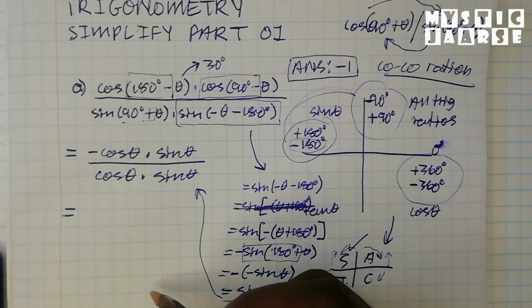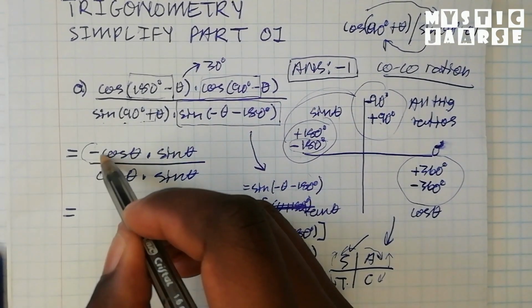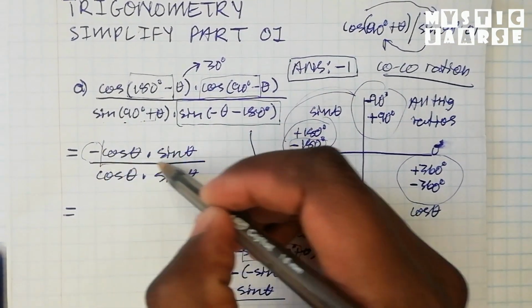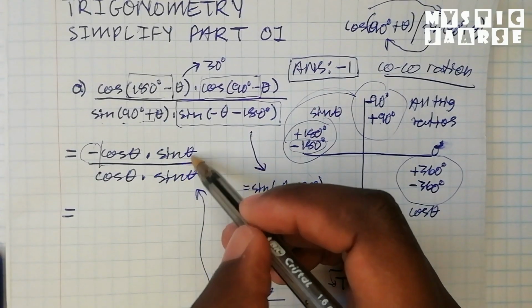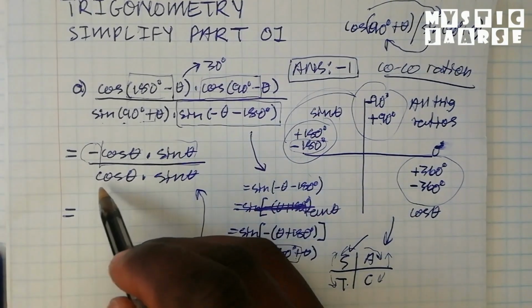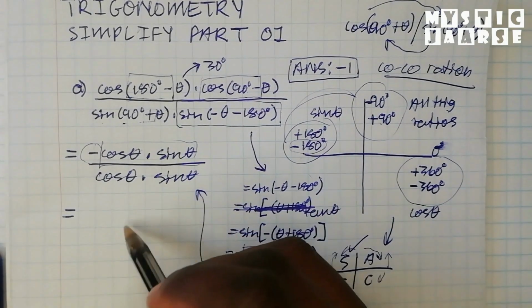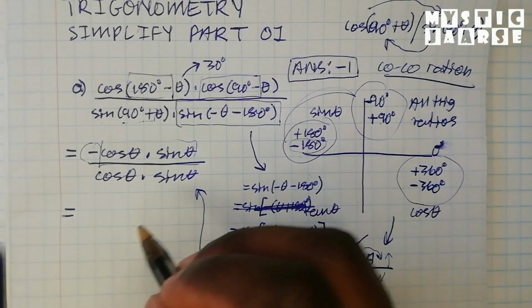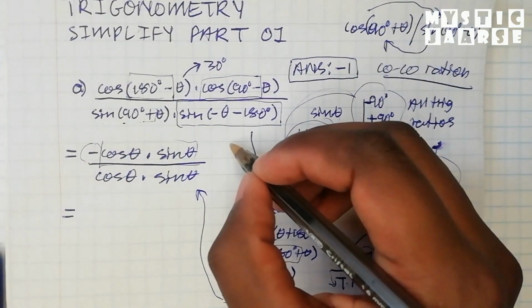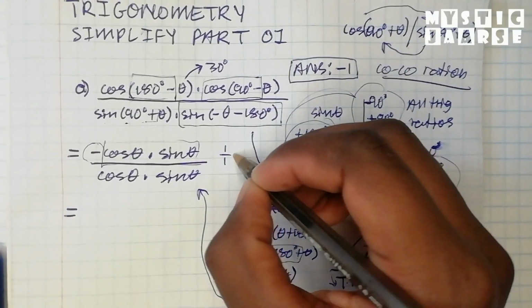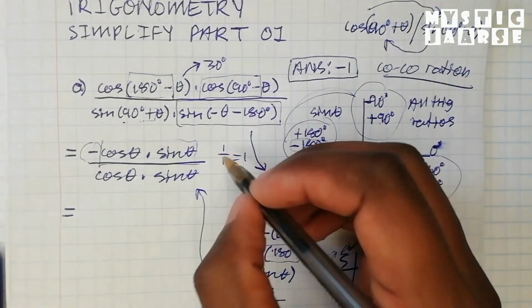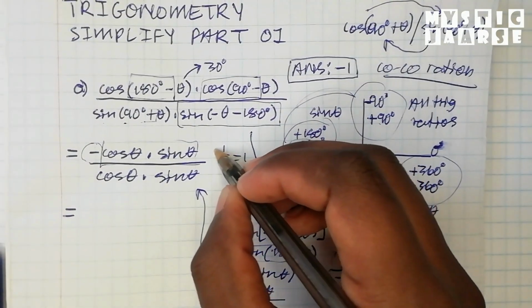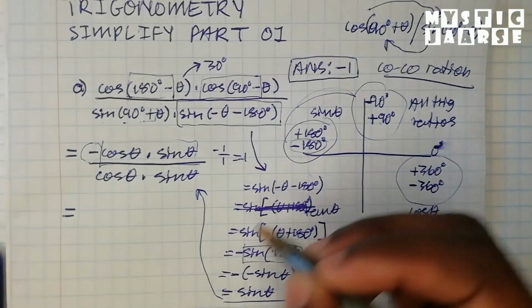So I need you to forget about this negative sign for a while. So we have cos theta times sine theta as our numerator, then we have cos theta times sine theta as our denominator. So they are the same terms, meaning it's the same as having 1 divided by 1, which is equal to 1, right? But then the numerator is negative, so we'll be having negative 1.